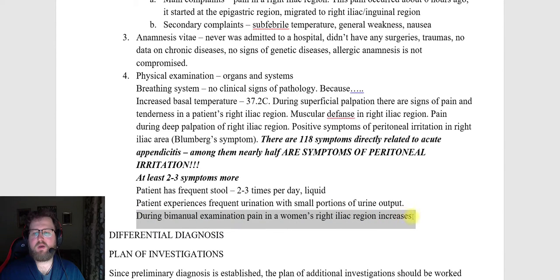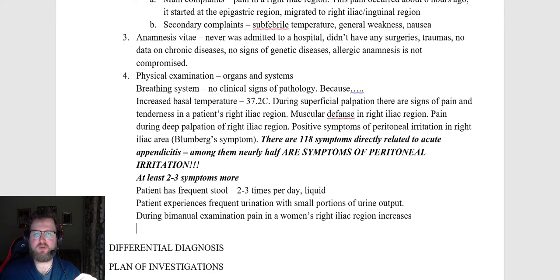This might be a very useful and very important clinical finding, which obviously must be reflected in the text of your case history. It will help us with differential diagnosis, which we're going to discuss a bit later.